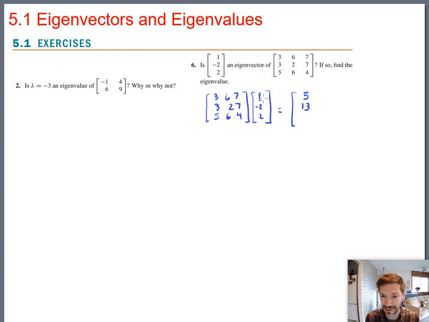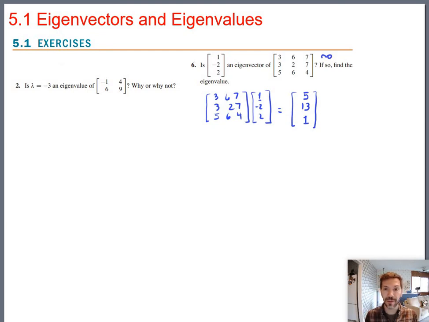I'll check the last one just to make sure. It'd be 5 minus 12 is negative 7, plus 8 is 1. That is definitely not a multiple of what went in. So the answer there would be no. That's not an eigenvector of that particular matrix.